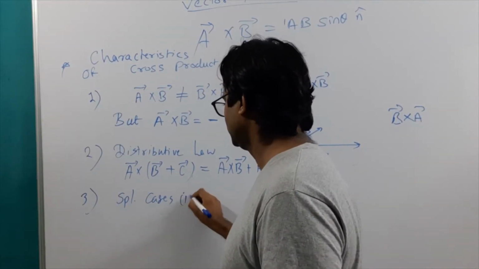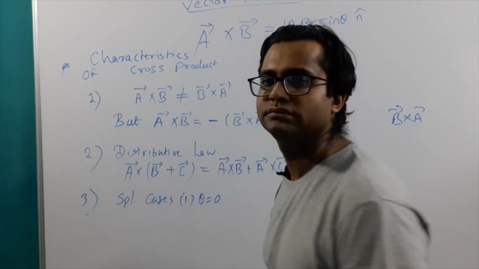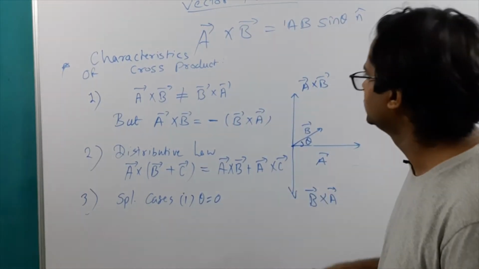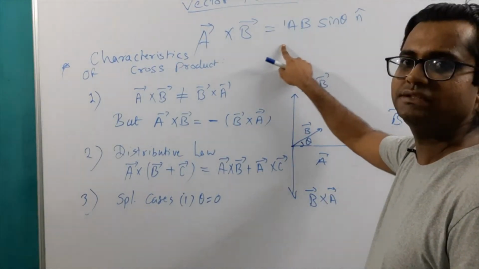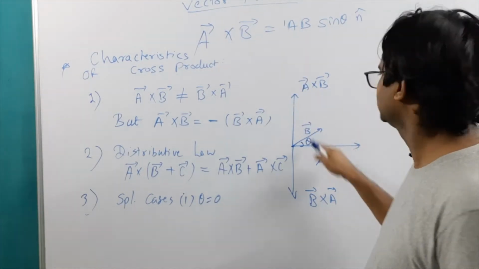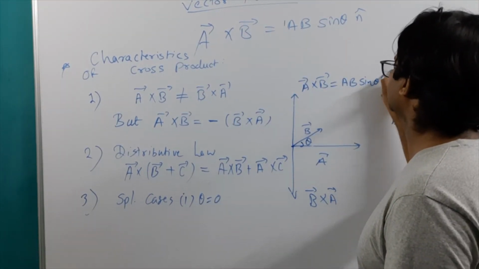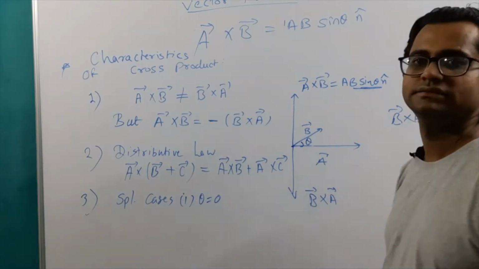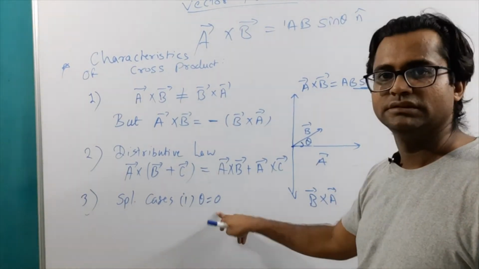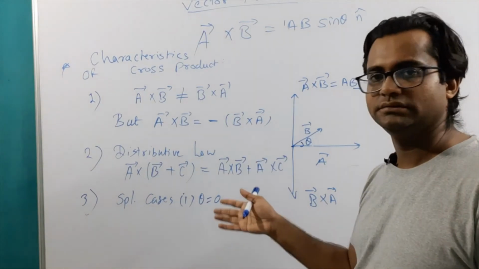Case number 1, let us say theta is 0. If we look at our original formula, a bar cross b bar was ab sine theta into n cap. Look at this sine theta. If theta is 0, sine 0 is 0 anyway.